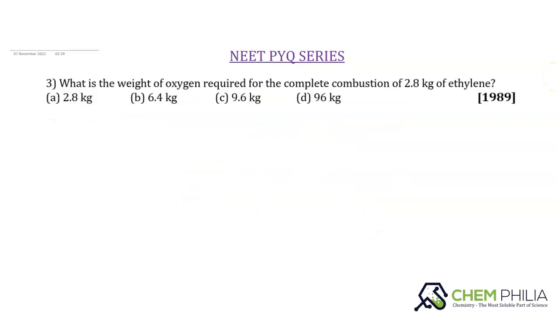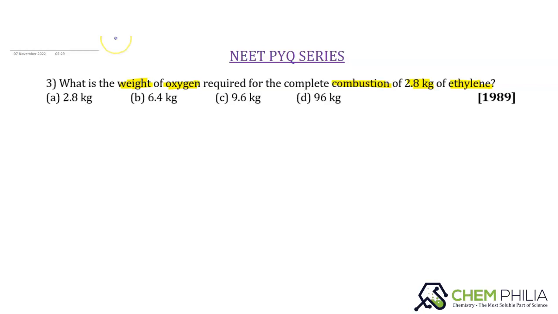This is again a 1989 question. We have to find out the weight of oxygen required for the complete combustion of 2.8 kg of ethylene. Clear? So we have to write a reaction here. This is a stoichiometry based question, and we have to write the reaction between ethylene and oxygen.